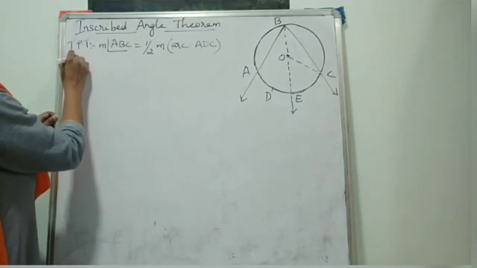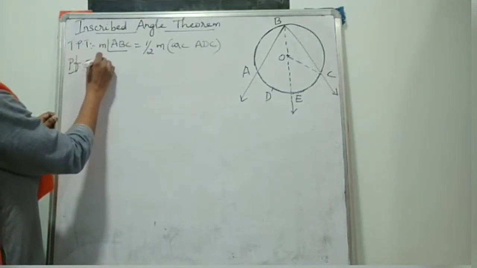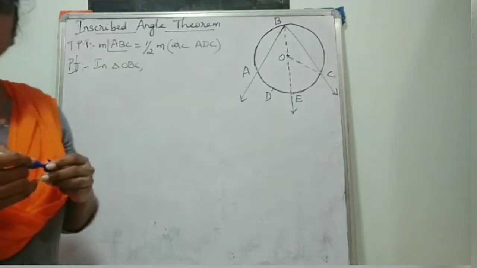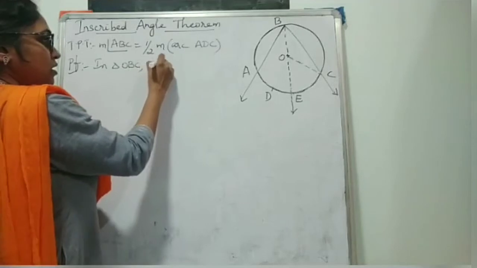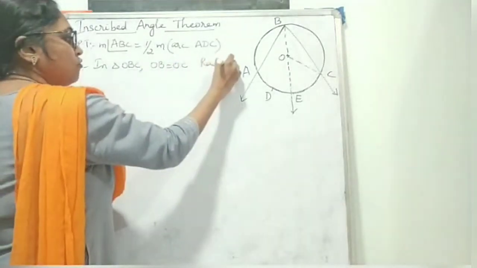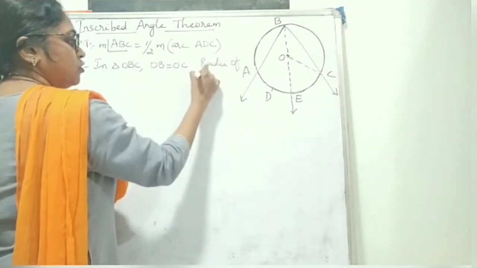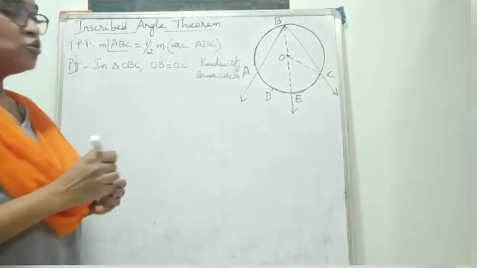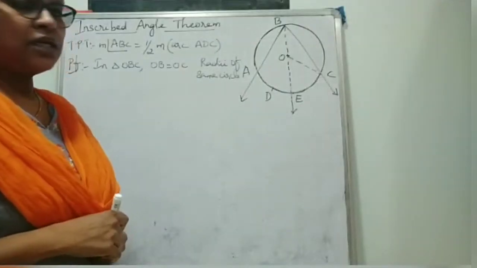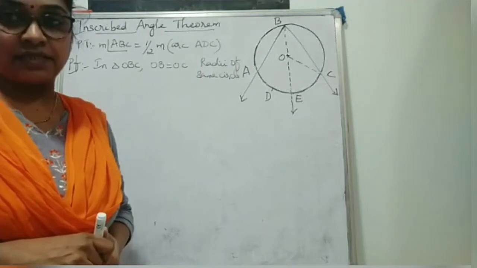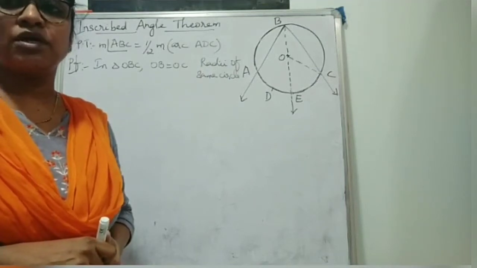Now if you look at triangle OBC, you can see that OB is equal to OC because they are radii of the same circle. So since OB is equal to OC, we can assume the base angles as X by using the isosceles triangle theorem.